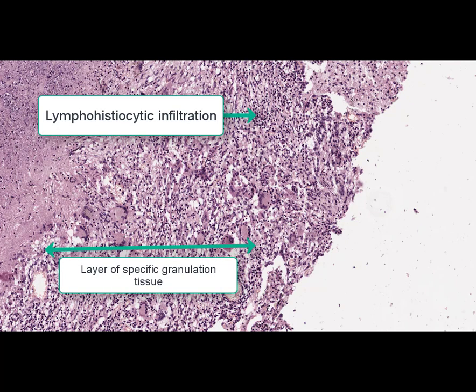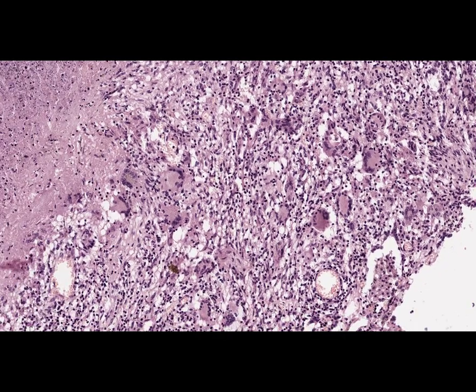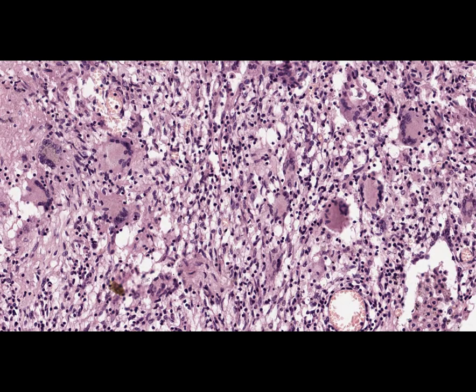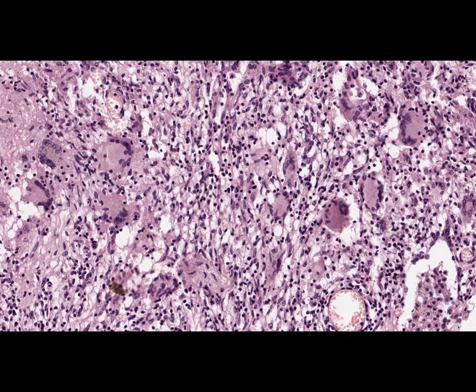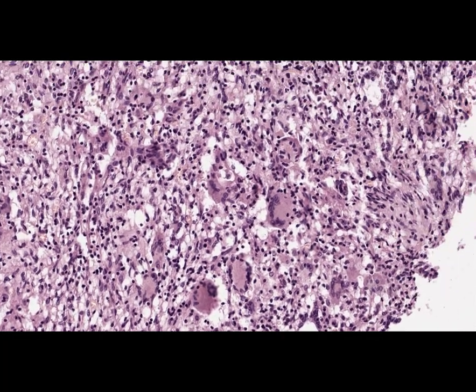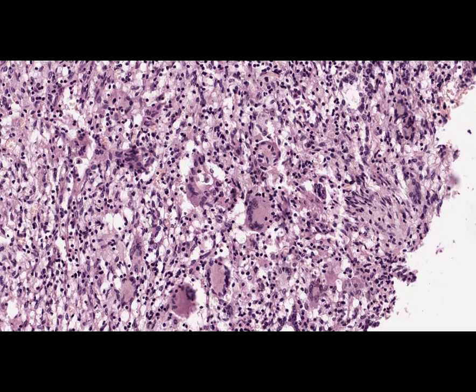The middle layer contains the specific tuberculosis granulation tissue with very pronounced lymphohistiocytic infiltration as well as specific multinucleated Langhans cells. Finally, the outer layer, considering the chronic nature of inflammation, is a fibrous connective tissue or fibrosis.